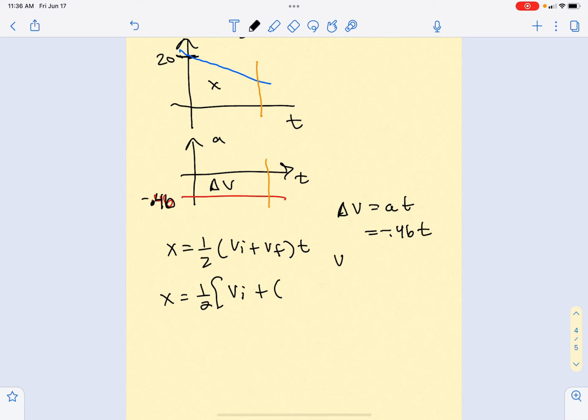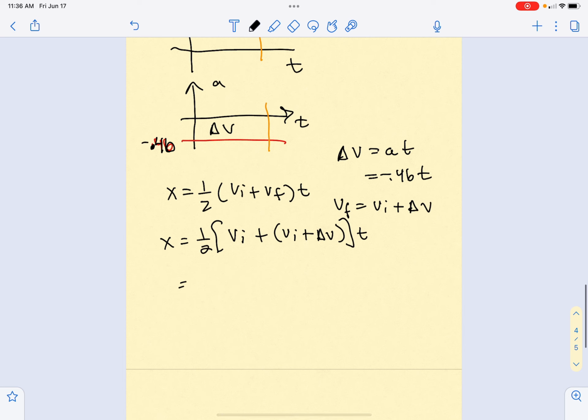Our final velocity is initial plus delta v, and the initial velocity given was 20. So that's going to be 20 minus 0.46t.